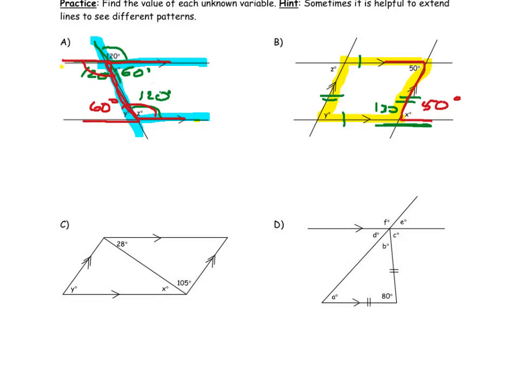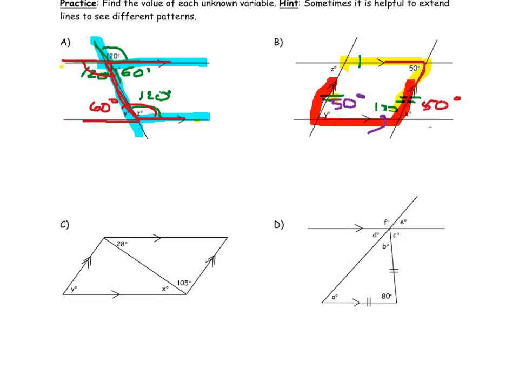To keep going, maybe your brain will register that what we have here is a C pattern. So if we have 130 on the inside here, this would have to equal to also 50.